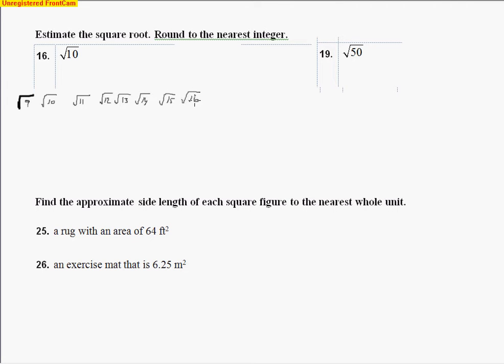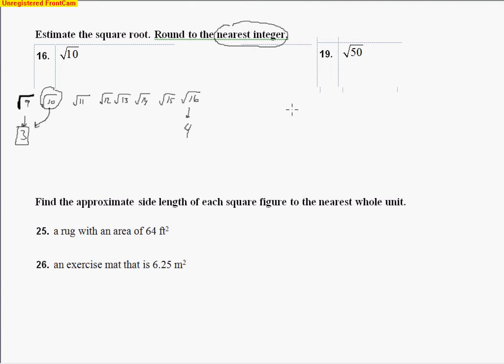So 9 and 16 are the perfect squares. The square root of 9 is 3, the square root of 16 is 4. So I know the answers to these square roots are between those, and I look to see which one's closer. You see how 10 is closer to 9, so that means the answer is going to be closer to 3. So 3 would be a good answer since we have to round to the nearest integer.